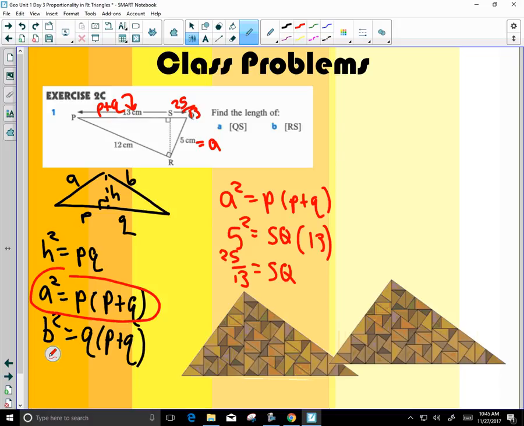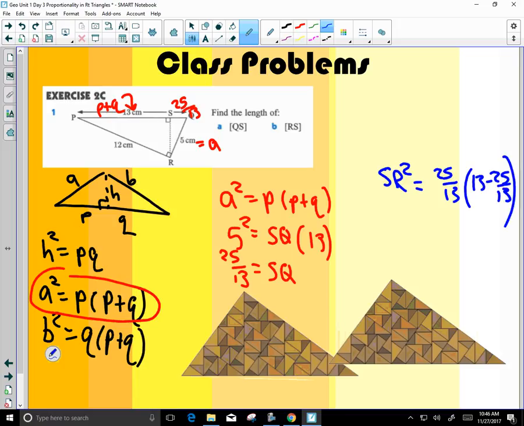How are you going to do that? What do you think, Shane? Yeah, you can use the first one, for sure. SR squared is going to be equal to P times Q. So it's going to be 25/13, and then this is going to be 13 minus 25/13, right?